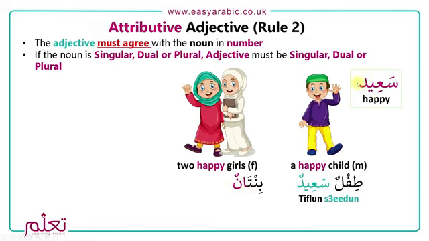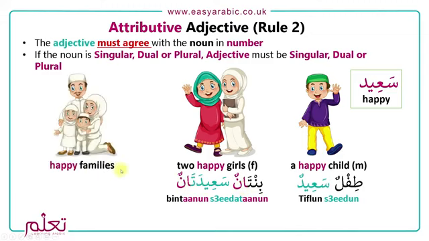So we'll add the ta marbuta first and then alif noon. So it's bintanun sa'idatanun. When we say happy families, family is aila. The rule is we add alif ta to the end. So ailatun sa'idatun. Okay.